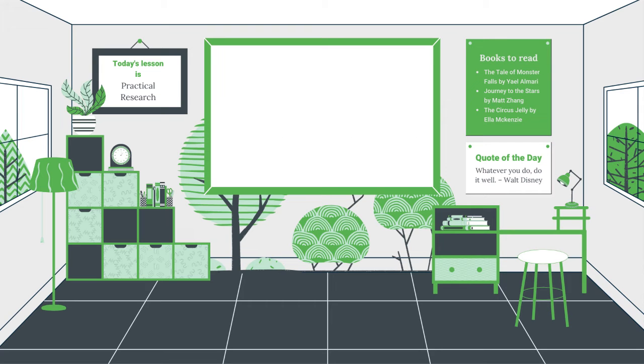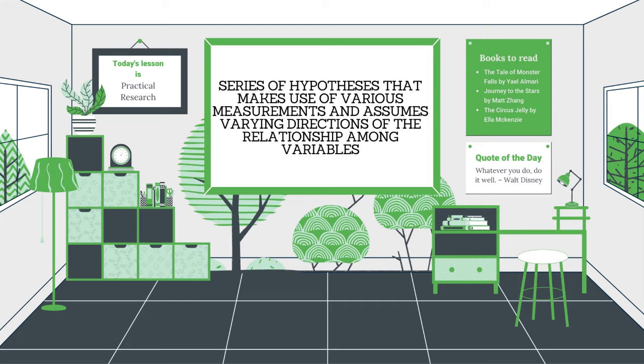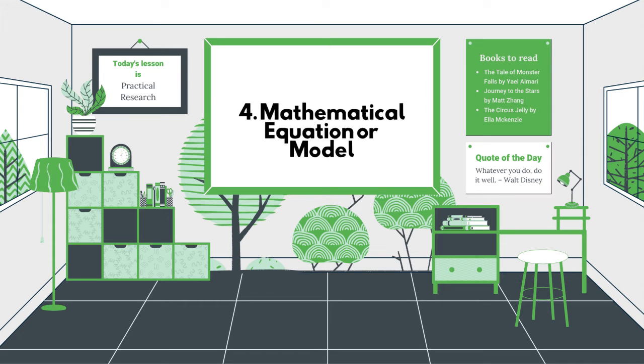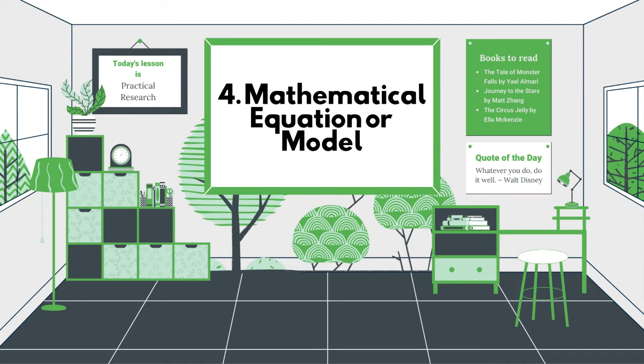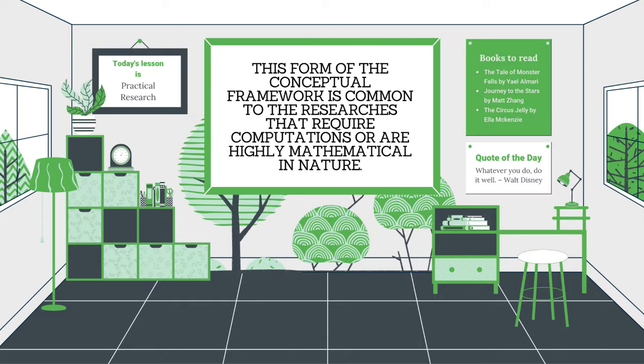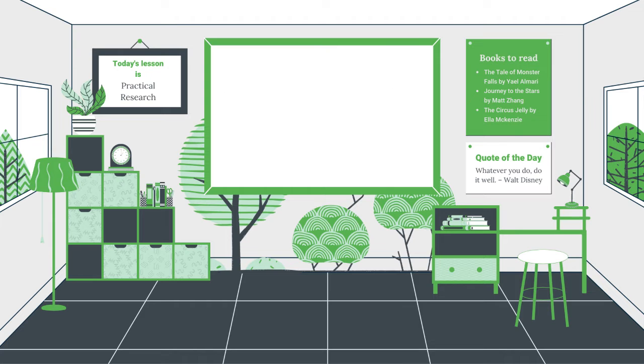This conceptual framework involves a series of hypotheses that makes use of various measurements and assumes varying directions of the relationship among variables. Fourth is mathematical equation or model. This conceptual framework is common to the researches that require computations or are highly mathematical in nature.